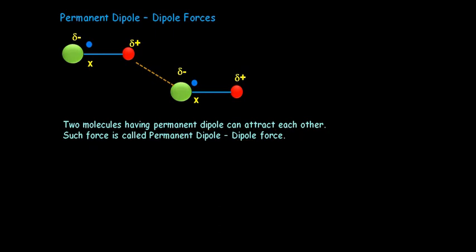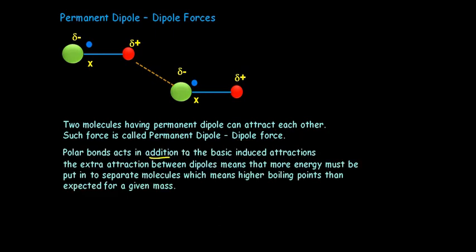But these polar bonds are in addition to the basic induced attraction. Basic induced attraction means the van der Waals force which exists between each and every type of molecule. So such an extra attraction, which is due to the polarity of the bonds between these dipoles, means that there is an extra force of attraction between these molecules.